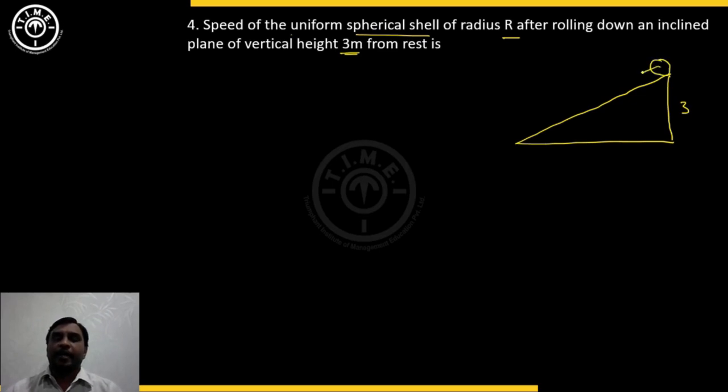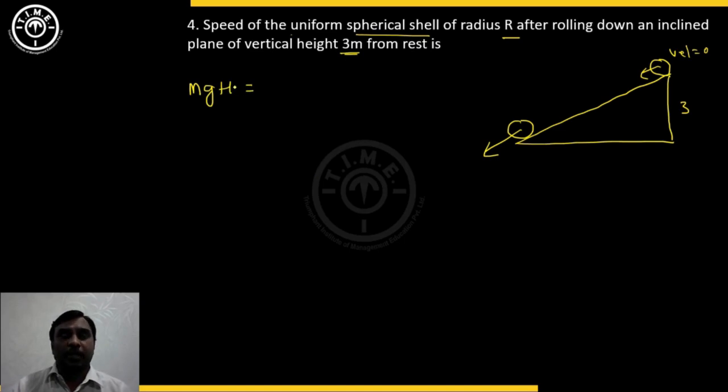The spherical shell rolls down from rest, so the initial velocity is 0. What is its velocity on reaching the bottom of the inclined plane? We can use the energy concept. Initial energy is mgh, where m is the mass of the spherical shell. Finally it will have rolling kinetic energy, half m v square into 1 plus k square by r square.